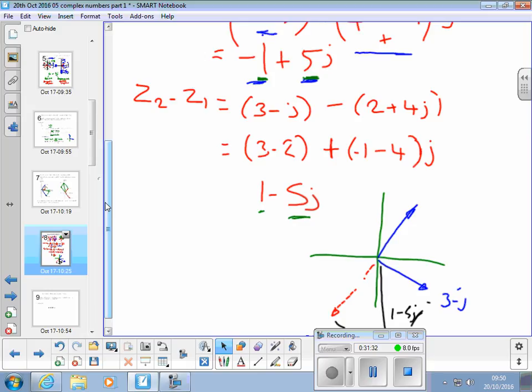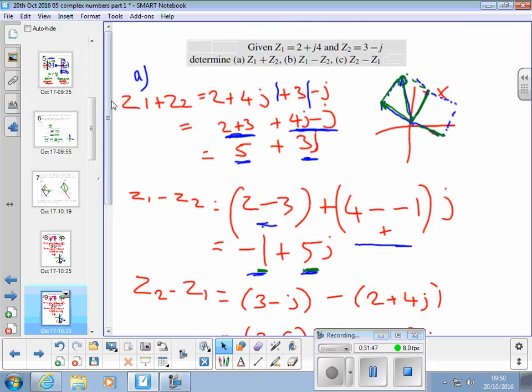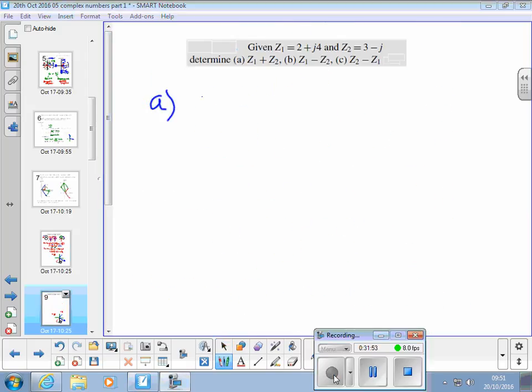I'm just wondering if there's a better way to write these out that'll make this easier. Let's have a look. I want to clear this up so that you've got a method that you're happy with to do this and get them right. So Z1 plus Z2 is equal to 2 plus 4j. I'm going to add to that 3 minus j.